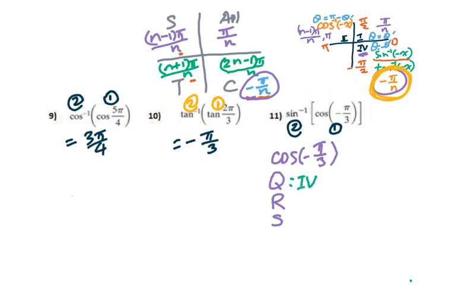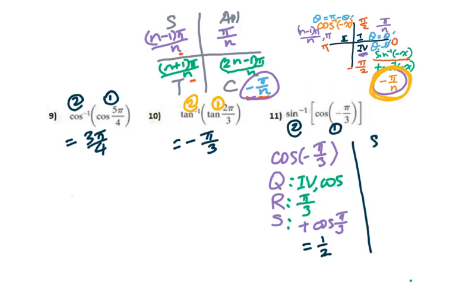Quadrant is the fourth quadrant. I'm looking for cosine, and the reference angle is pi over 3. So for the fourth quadrant, cosine is positive: cosine pi over 3. Cosine 60 is 1 over 2.